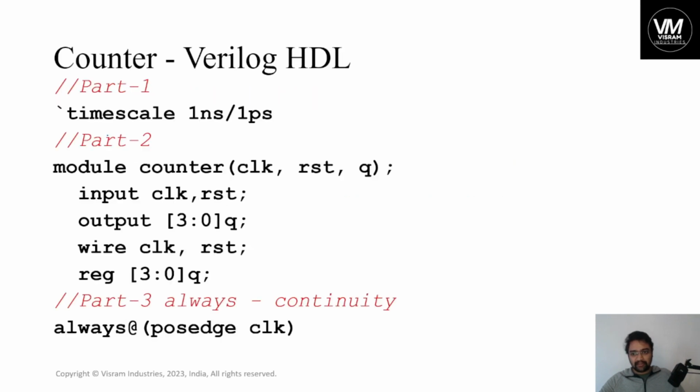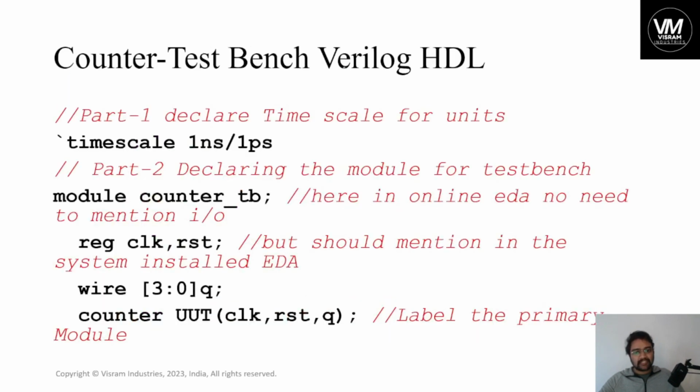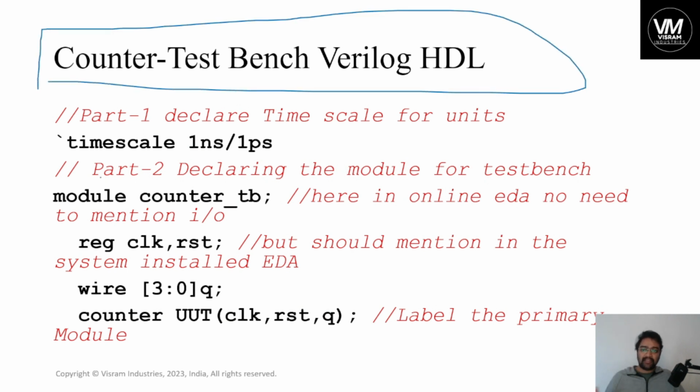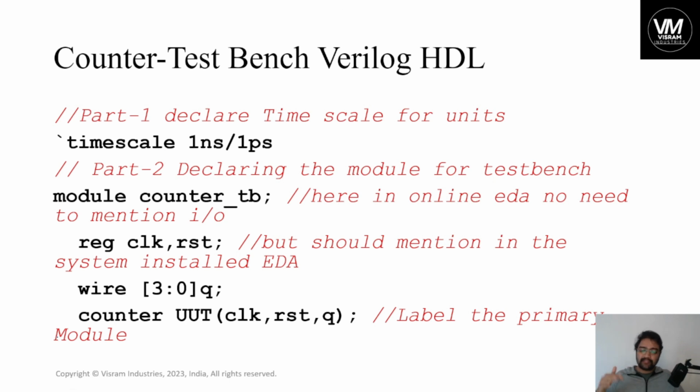This is what I have written here. And coming to the test bench Verilog HDL, how do we write a test bench? I'm just giving an introduction. I'll explain how to write a test bench from the basic syntax itself in the later classes.